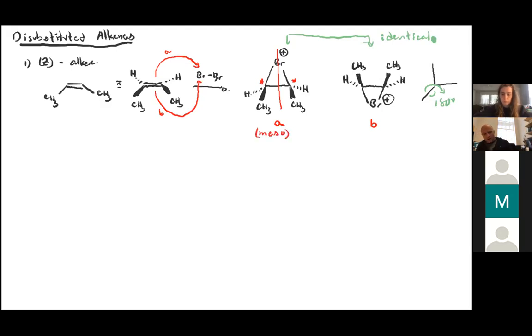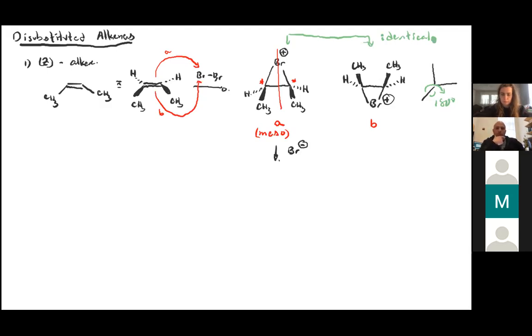Okay. All right. So then we can come in and have our bromide attack. And we know from the mechanism that it's going to add to the backside of the bromonium ion. The question is, which carbon does it attack? And when you're thinking about that, you want to think about which carbon is more substituted, right?